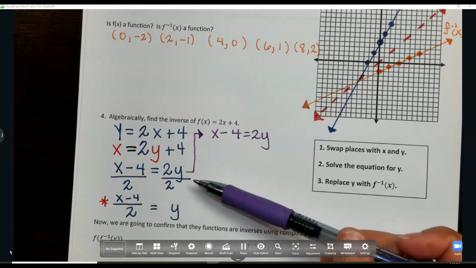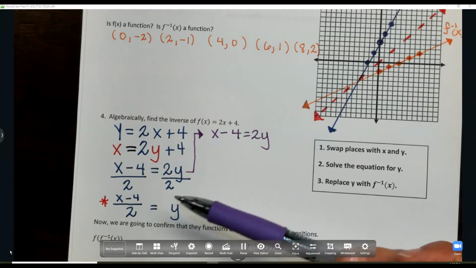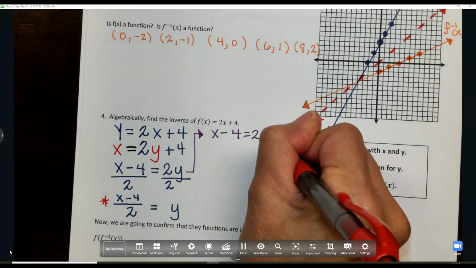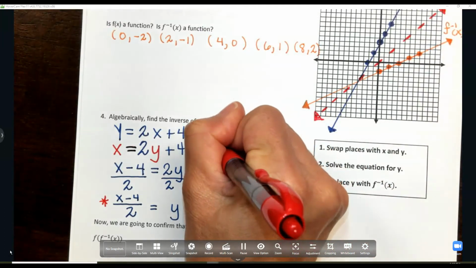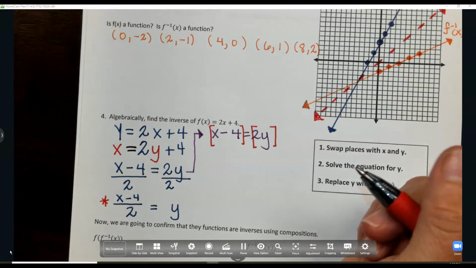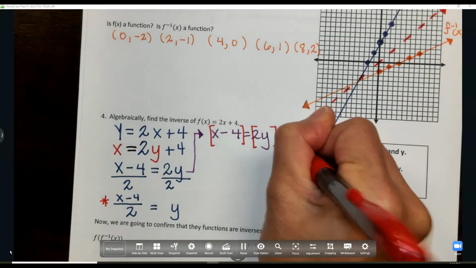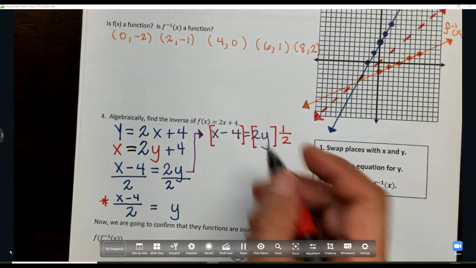Instead of dividing by 2, what could we multiply by? What could we multiply by? What would make a 2 go away if we multiplied by something? 1 over 2. Good job. Whoever said that, housemate. We're going to multiply both sides by the reciprocal. Always by the reciprocal.